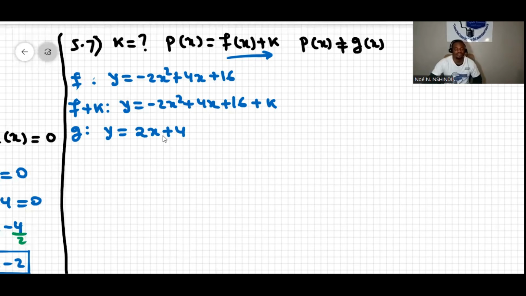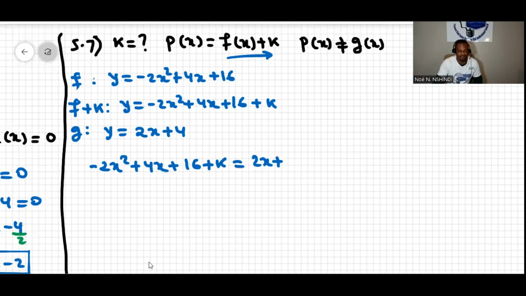Now, we want to find the value of k for which p of x and g of x will not be equal. So in other words, let's set them equal first, and then eliminate those values. So when I do this, negative 2x squared plus 4x plus 16 plus k equal 2x plus 4.